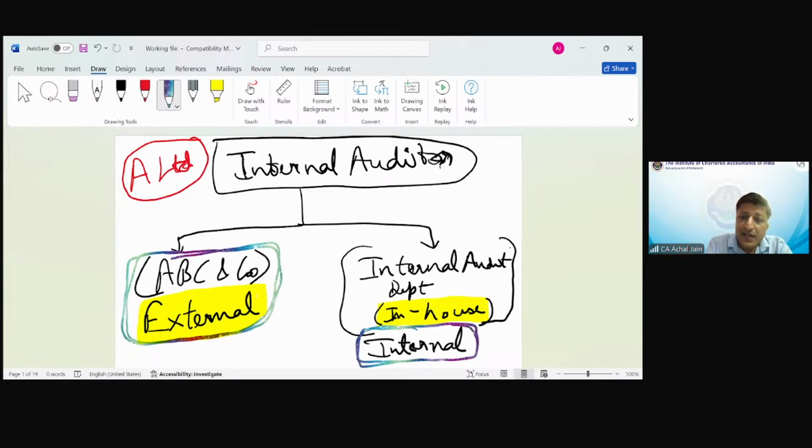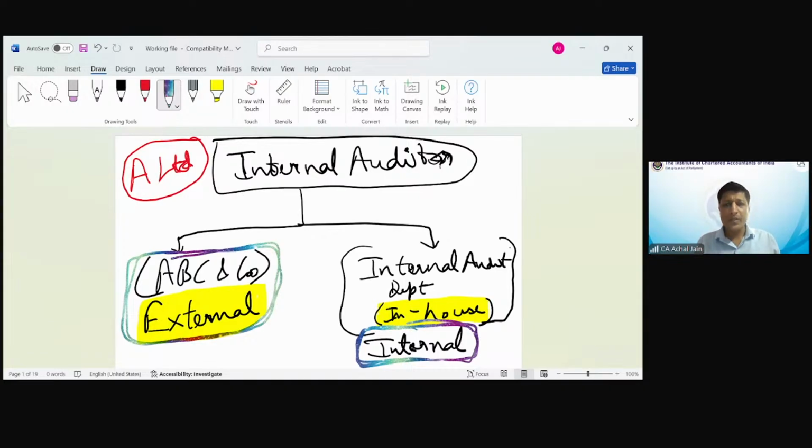See, when you have an external internal auditor, things are relatively easy. But when you have an in-house internal auditor, that is what you need to ensure. You need to have such a system in place so that the independence of the internal auditor is maintained. Clear? As far as companies and any entity are concerned, the law doesn't mandate that the company will have an external party only or an in-house department.